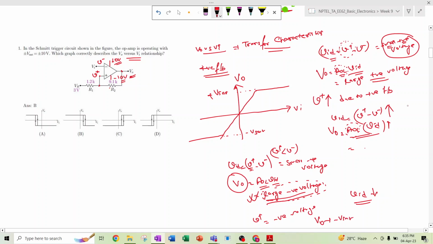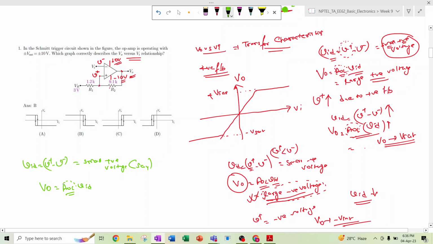Similarly, in the previous case VO cannot go to infinite, so it saturates to VSAT, but this case doesn't hold in case of negative feedback. In case of negative feedback, what happens? Suppose VID is V plus minus V minus, and suppose this is a small positive voltage. Now VO, the output, is AOL multiplied with VID.